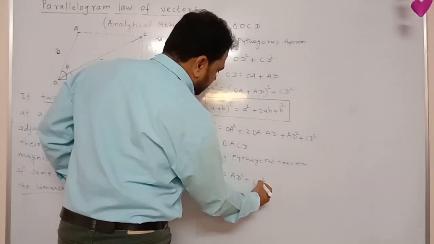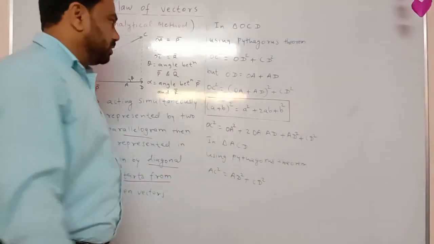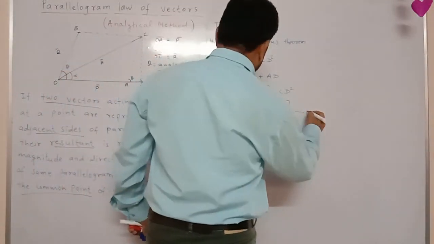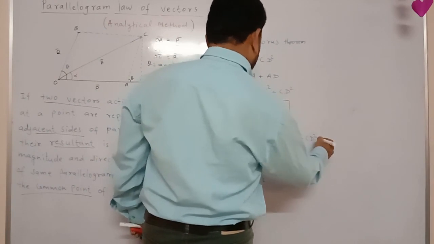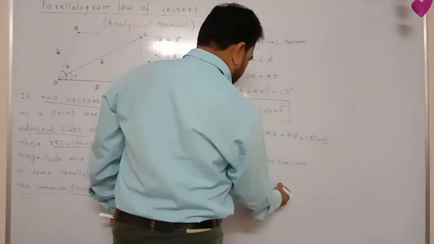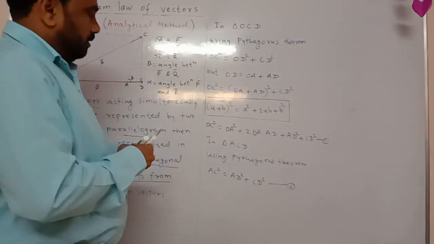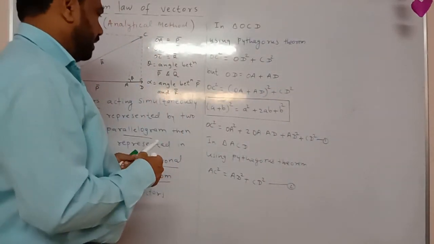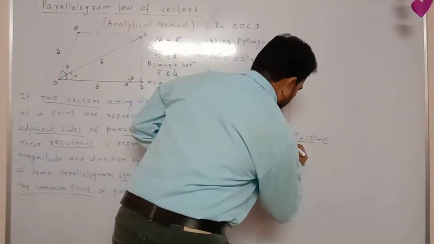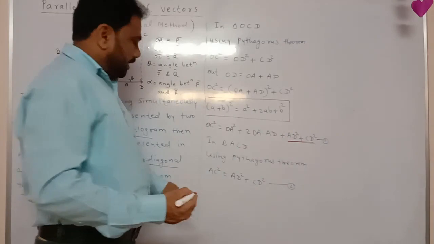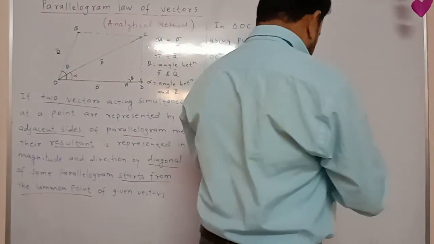So AD square plus CD square is AC square. Suppose the first one is equation number 1 and this one is the second. Now in equation 1, instead of AD square plus CD square, we can write AC square.